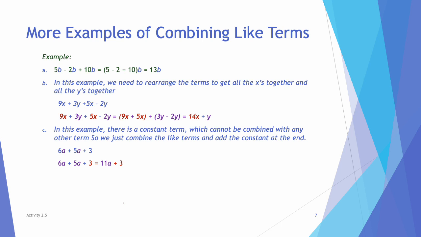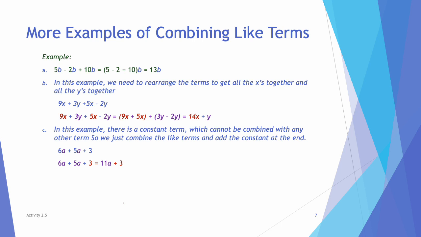In example B, you'll notice that there are two variables in the problem. But you can move the terms around in order to get the variables together so that you will be able to combine them. So in my problem, I have 9x plus 3y plus 5x minus 2y. And because addition is commutative, I can change the order.